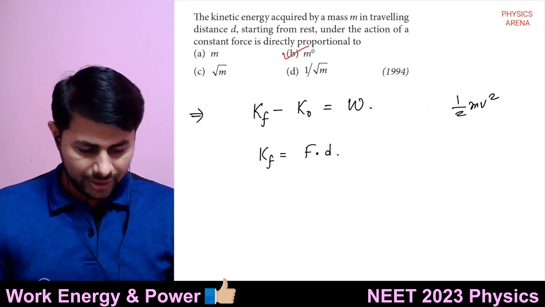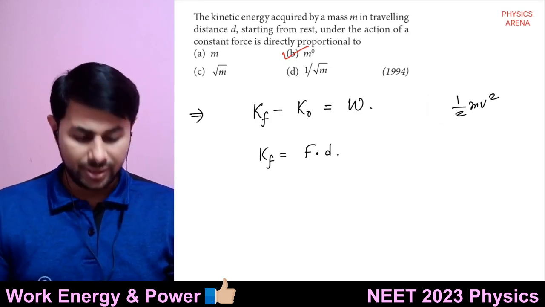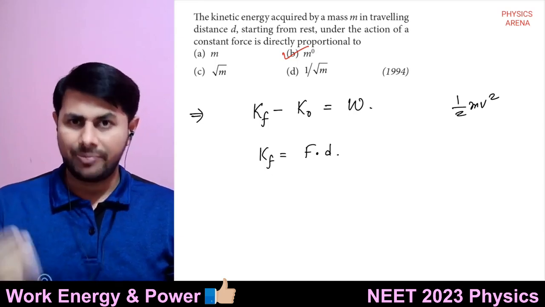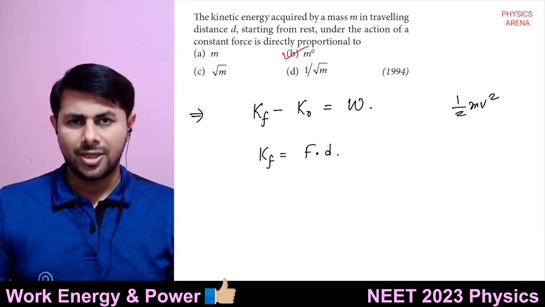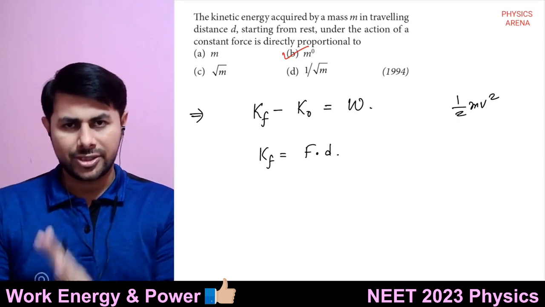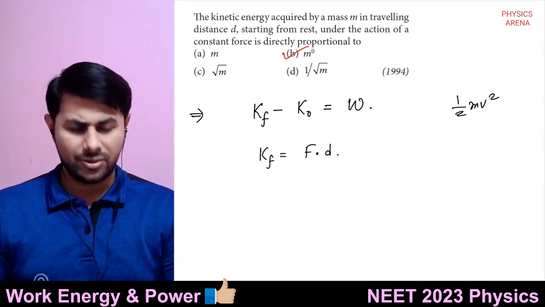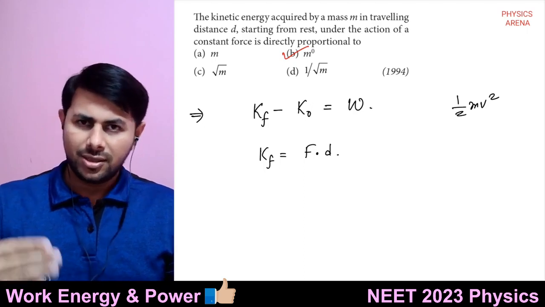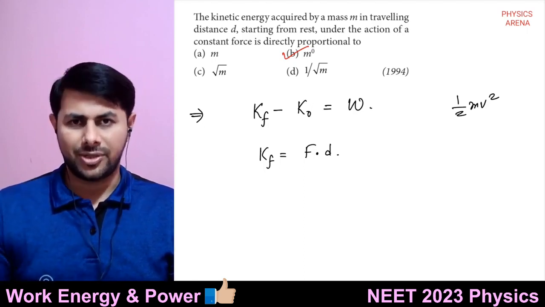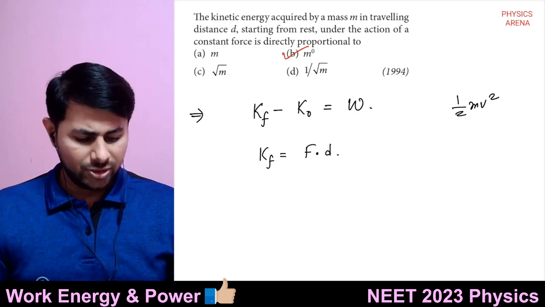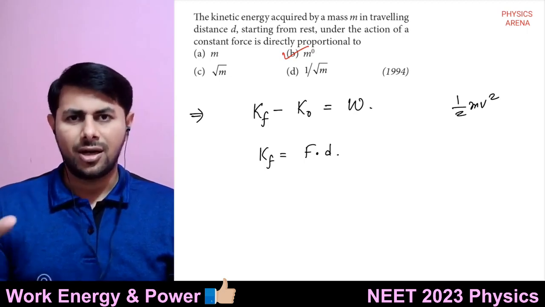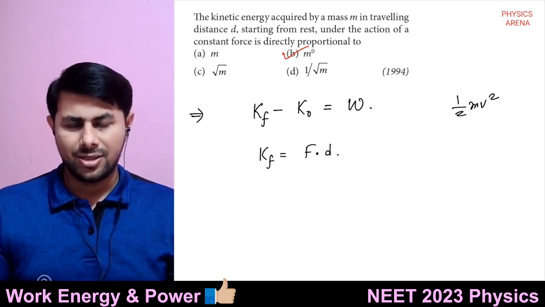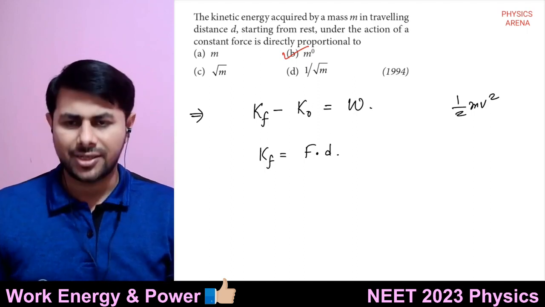So under this scenario, what's happening? You are pushing that object from rest, applying a constant force F. Let's suppose 100 Newton, and the displacement is 10 meters. So how much would be the kinetic energy? 100 times 10. Have we considered a mass here?